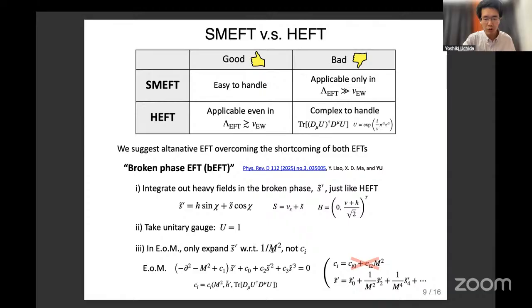But in our broken phase effective field theory, we only expand the heavy field with respect to 1 over M squared, where capital M is the mass of the heavy field, capital S, but not for the parameter C. So this is our broken phase effective field theory.